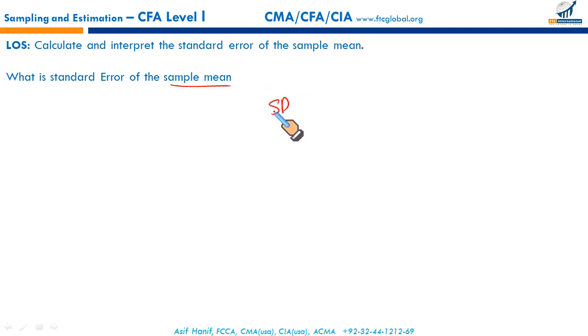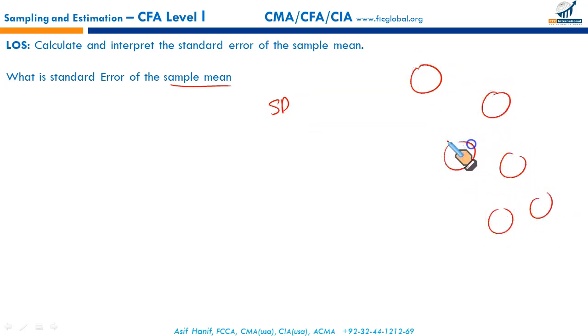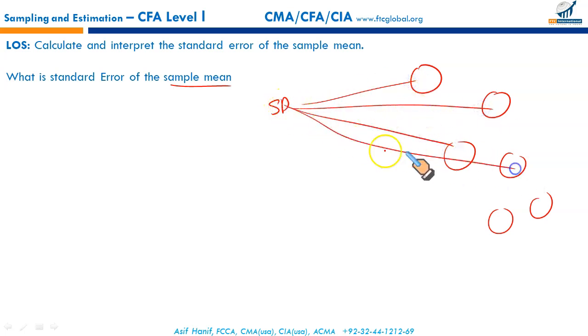We have many samples. As you remember, we did it repeatedly to develop a sampling distribution. So the standard deviation of the means, if we are trying to estimate the mean, the variation of the means as given by these samples, is what you call the standard error.